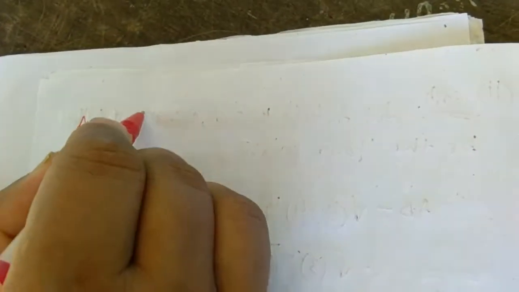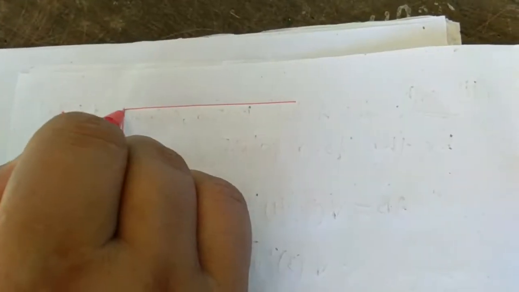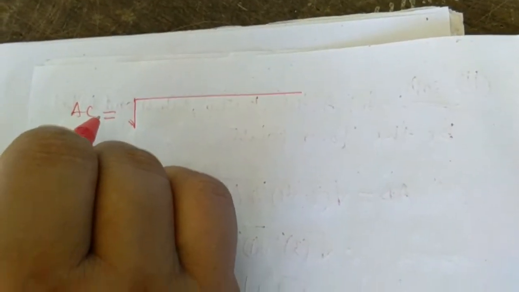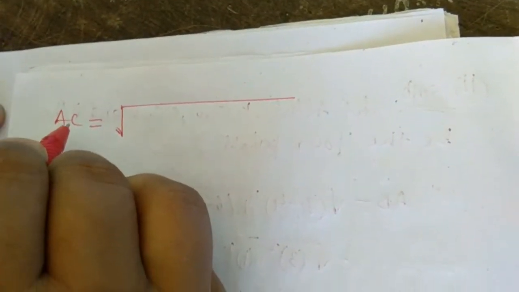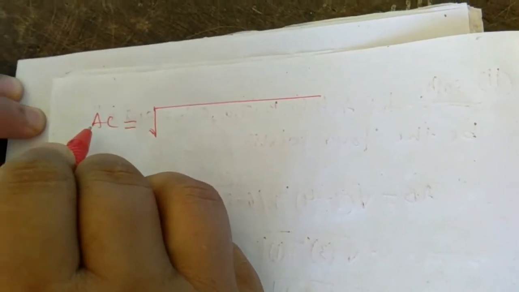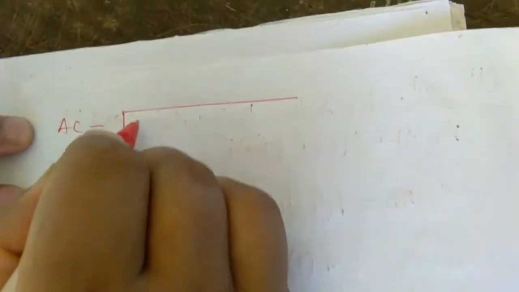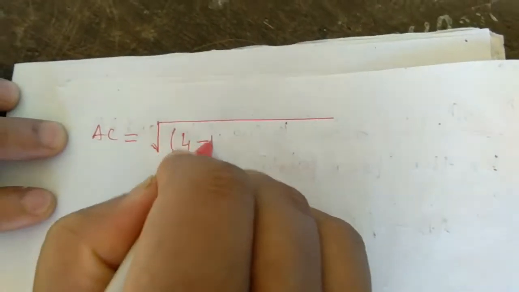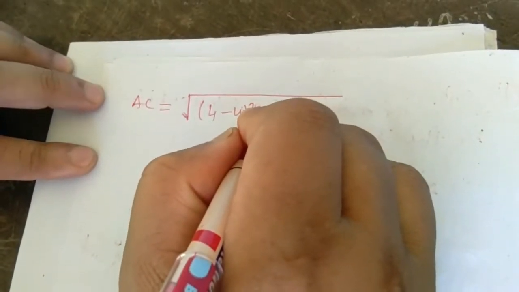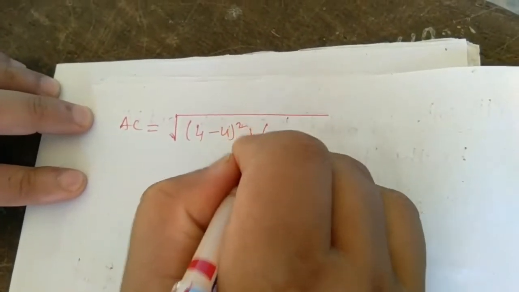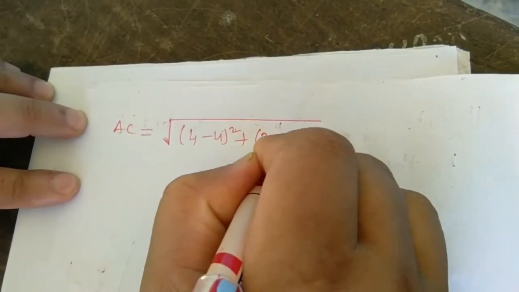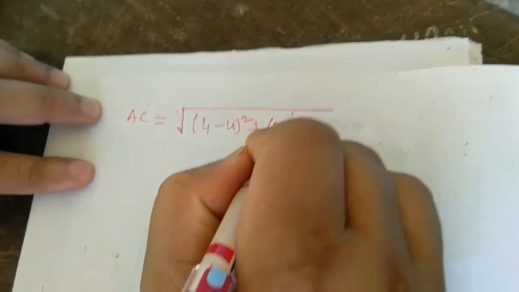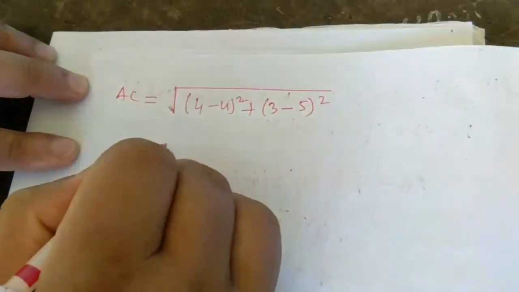Again we have to find AC. So AC, same as before, root over. AC means distance between A and C. The coordinate of C will be your x2, y2, A will be your x1, y1. So here x2 means 4, and x1 means also 4, whole square, plus y2 means 3 minus y1 means 5, y2 minus y1 whole square.